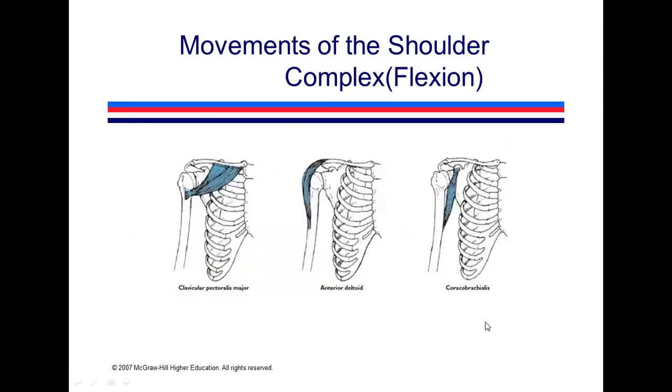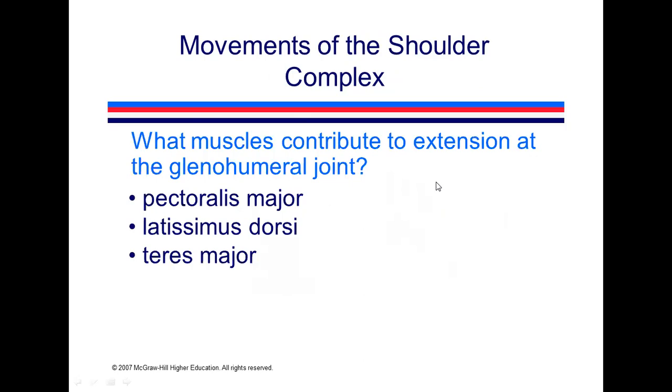And the muscles involved in these movements are these. As you can see this is pec major, this is anterior deltoid, and this is coracobrachialis. Now let's talk about the muscles which contribute to the extension of glenohumeral joint, or you can say shoulder joint. They are pectoralis major, latissimus dorsi, and teres major.